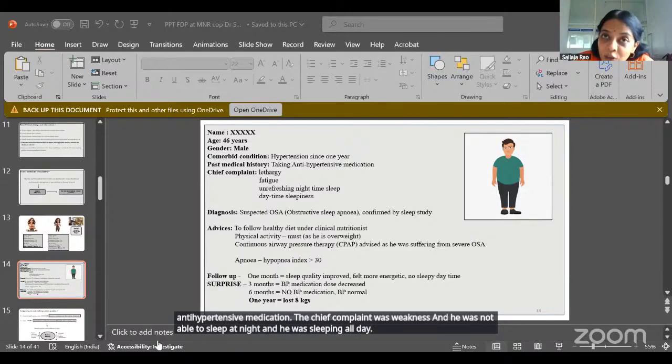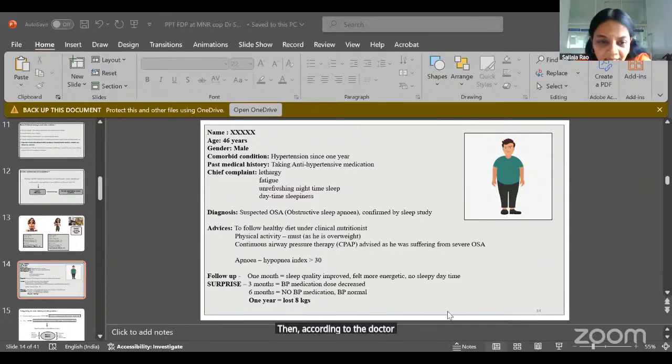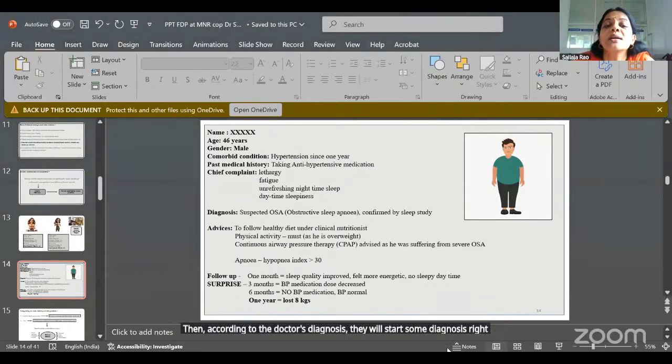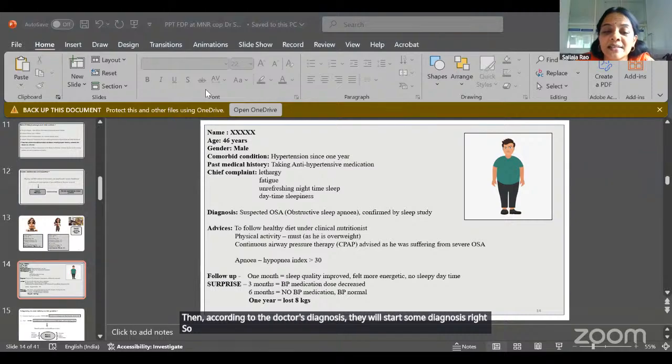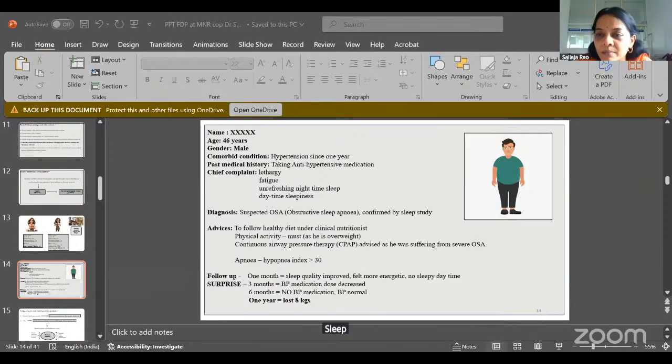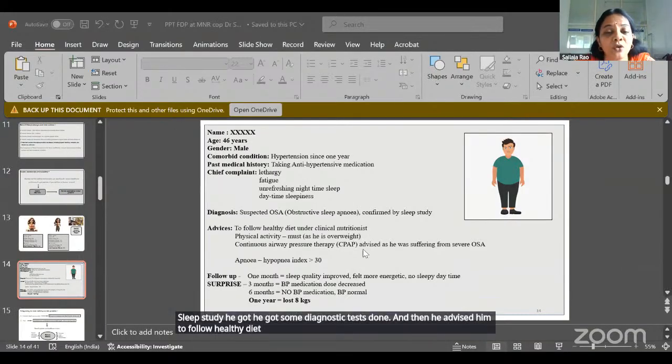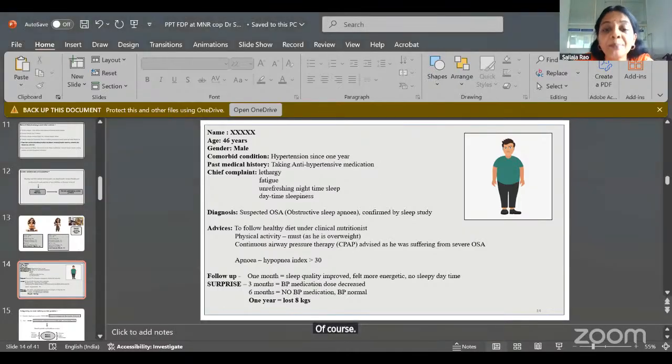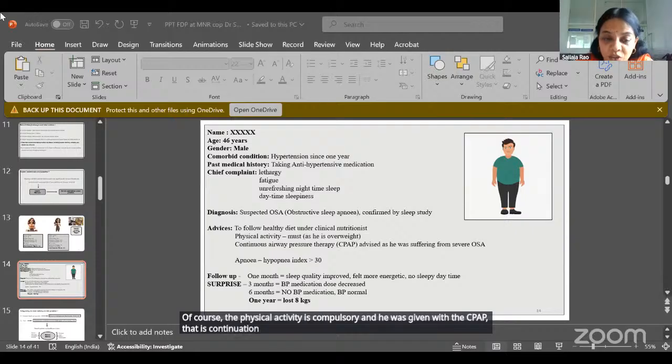According to the doctor's diagnosis, they start some tests, right? He suspected obstructive sleep apnea, which was confirmed by a sleep study. He advised him to follow a healthy diet under the supervision of a clinical nutritionist. Of course, physical activity is compulsory, and he was given CPAP, that is continuous positive airway pressure therapy.